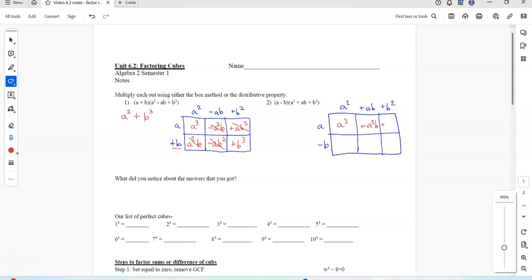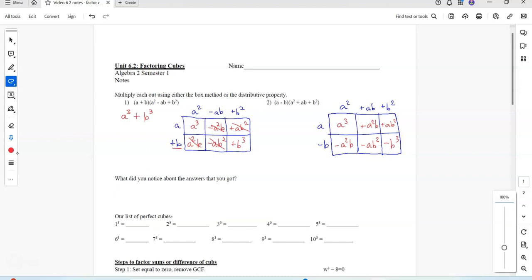A times b squared is ab squared. Then we go to the minus b and distribute that. So negative b times a squared is negative a squared b. Negative b times ab would be negative ab squared. And then negative b times b squared would be negative b cubed.